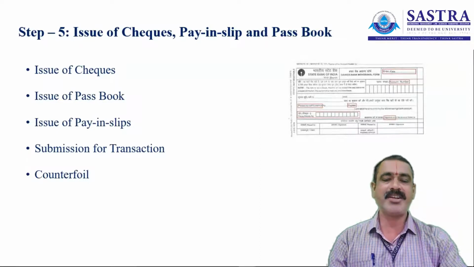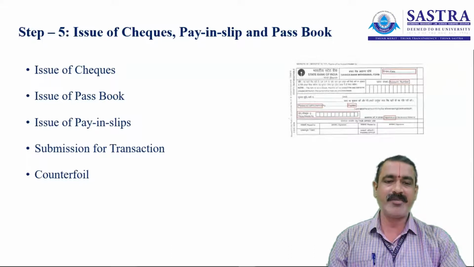Now all these transactions are done via so many payment modes as well as net banking, so you need not bother. I think you would not have even seen a pay-in slip or counterfoil. Anyway, in this step 5, the checkbooks are issued, the pay-in slip is given, and the passbook is also given to the customer for getting entries made.